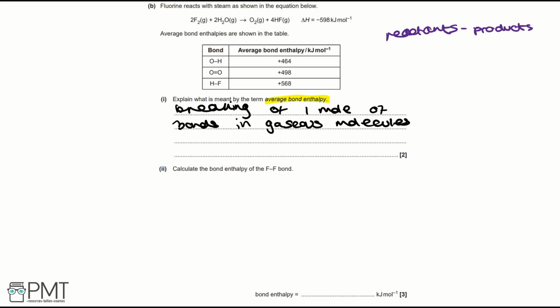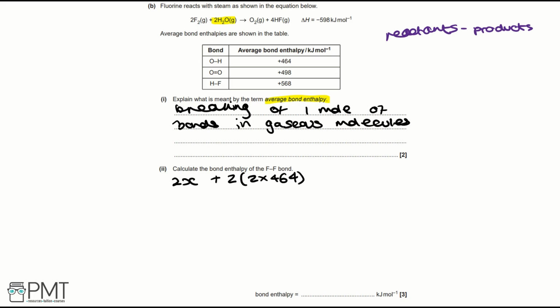So if we work out the total bond enthalpies of our reactants first, that would be 2x, because we don't know what the FF bond is, plus 2 brackets 2 times 464, because in H2O there are 2 OH bond enthalpies, or bonds, and we've got a stoichiometry saying that there are 2 H2Os, so we need a big 2 in front of this bracket.